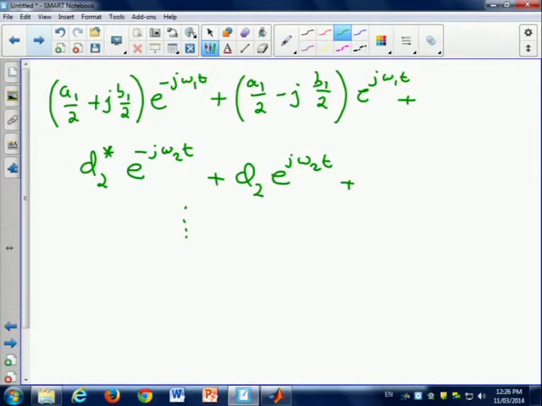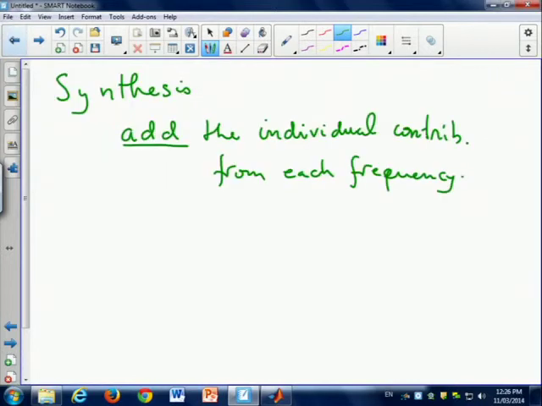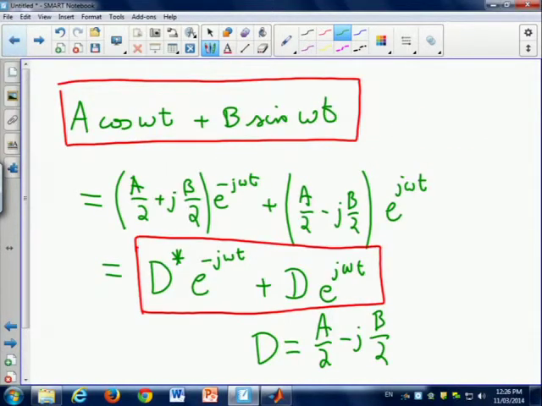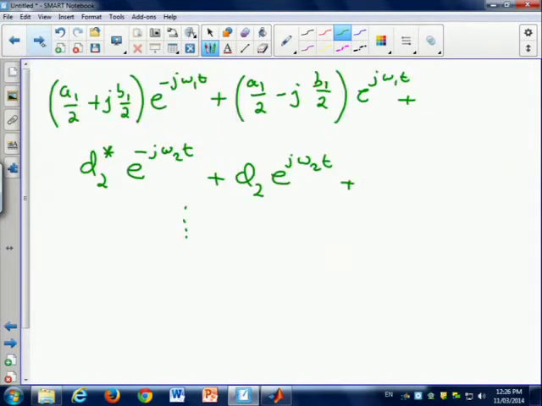There's a formula for the d in terms of the a's and the b's. I'm not going to write it again because it's already written here at the very bottom. There's a dn star with a negative j omega n t plus dn e to the j omega n t.